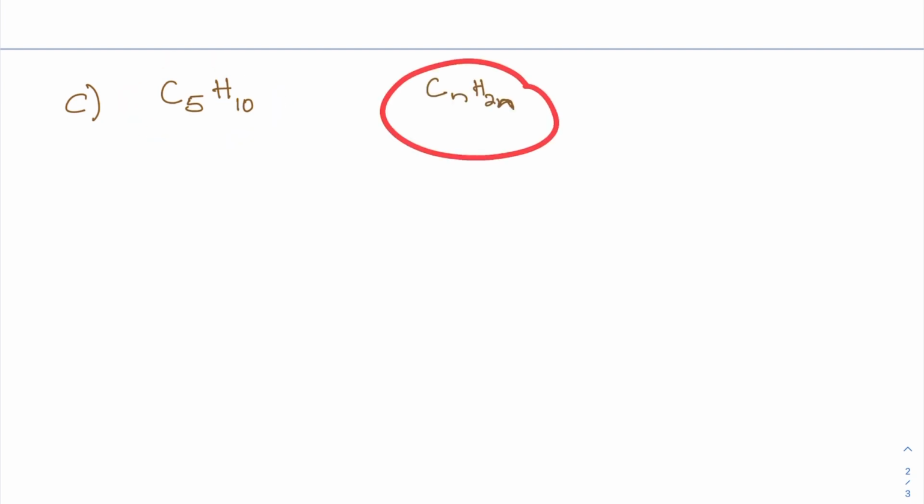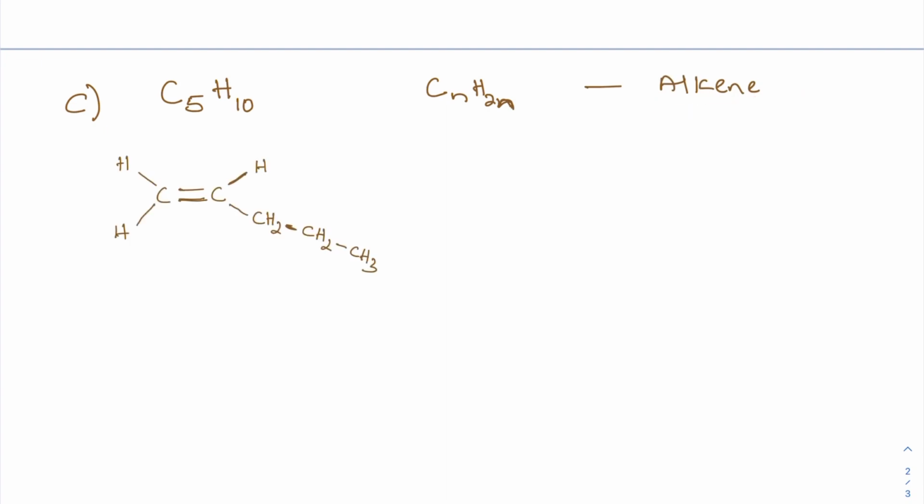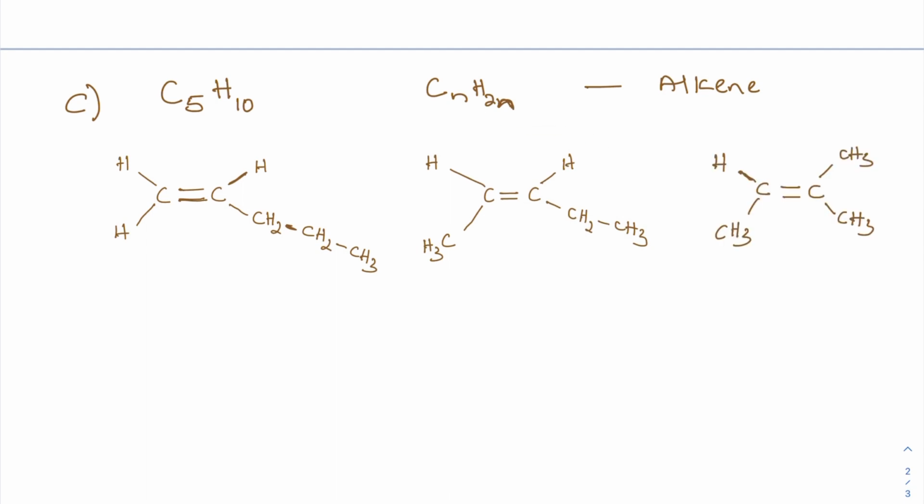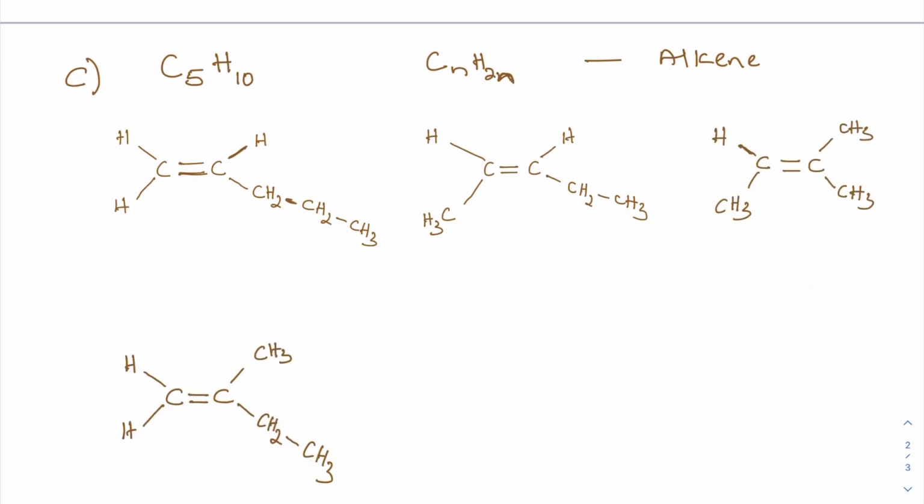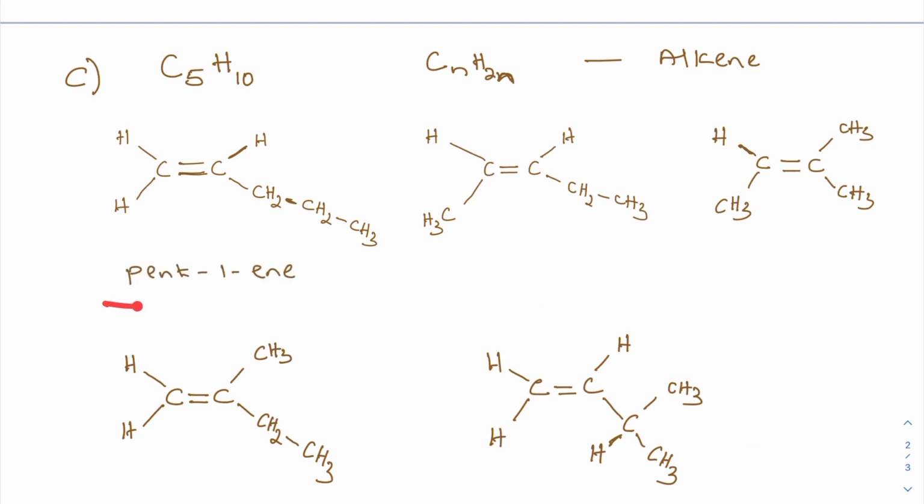Another example is if we have C5H10, that's a molecular formula. CnH2n, this will be an alkene, that's a double bond. We can draw another structural formula, and another. Pent-1-ene, because that's 1, 2, 3, 4, 5.